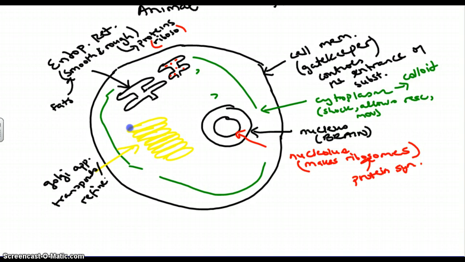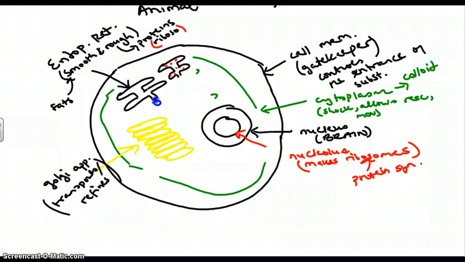Transports and refines. And how this works is that, let's say the smooth ER has just made a lipid. We'll take this tiny blue thing and call it a lipid. Now we have a lipid right there, and the only way that lipid can leave the cell is by the Golgi apparatus.